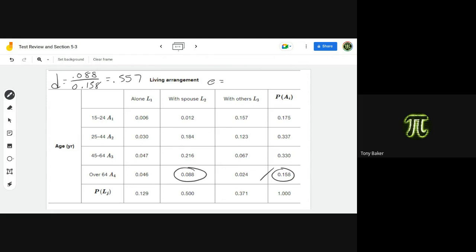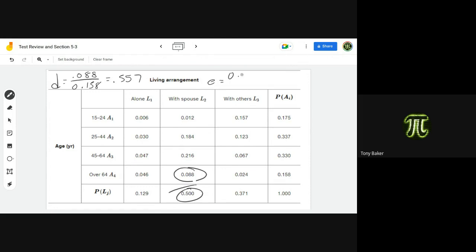The next question says, what's the probability that a person selected is over 64, given they live with a spouse? These two questions sound the same. The given switched though. The given's telling you what the bottom is going to be. So since this one is, what's the probability that they're over 64, given they live with a spouse? I'm now taking that and dividing it by the 0.500.